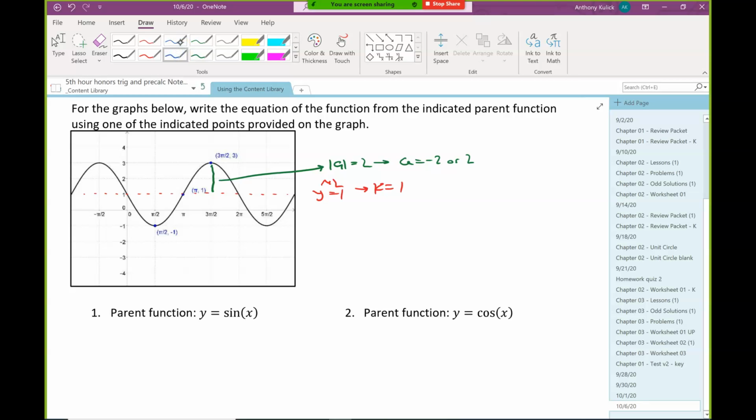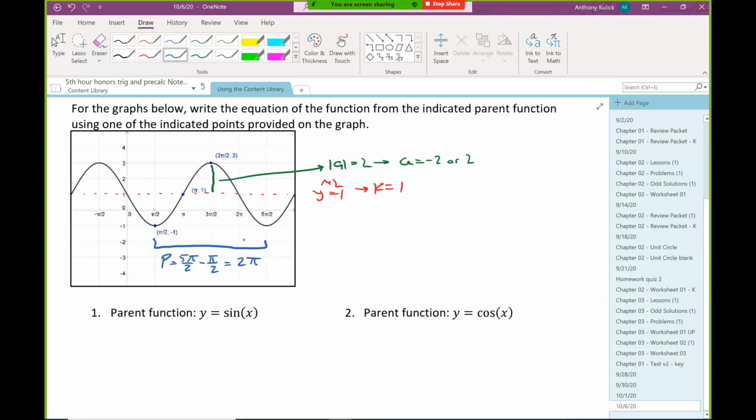Then I'm going to find the length of a period, so I can calculate the B. What I find when I'm given the graph, usually the easiest thing to do is to go from extreme to extreme. So if I go from minimum to minimum, the period would be 5 pi over 2 minus pi over 2, which is just 2 pi. Are you okay with that?